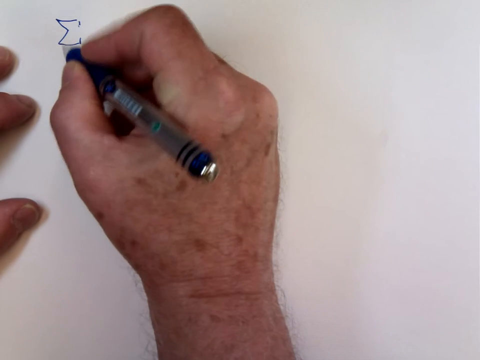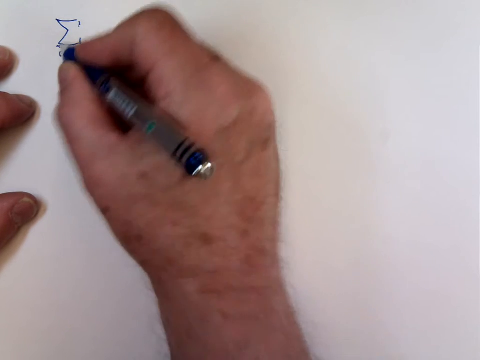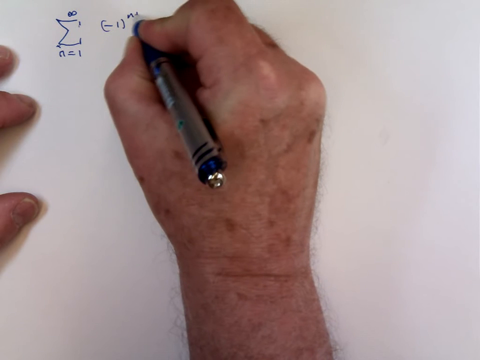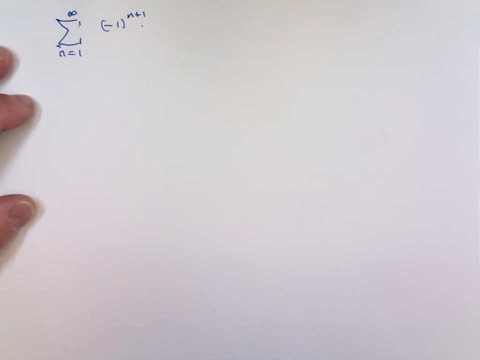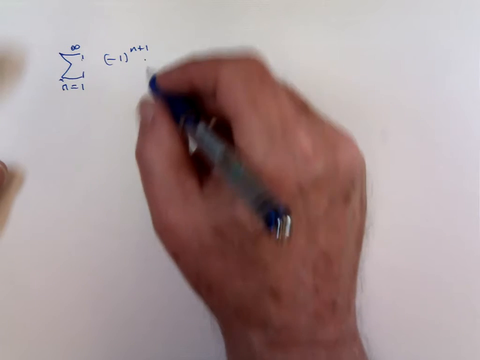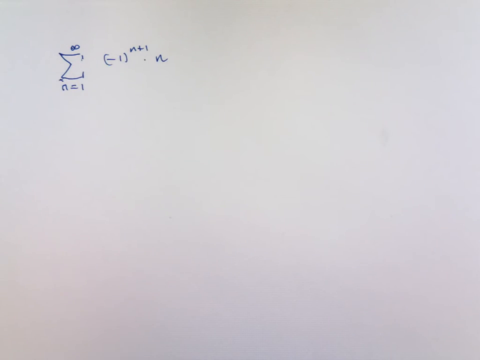The sum from n equals 1 to infinity of negative 1 to the n plus 1, and let's go with, how about n? Three possibilities.